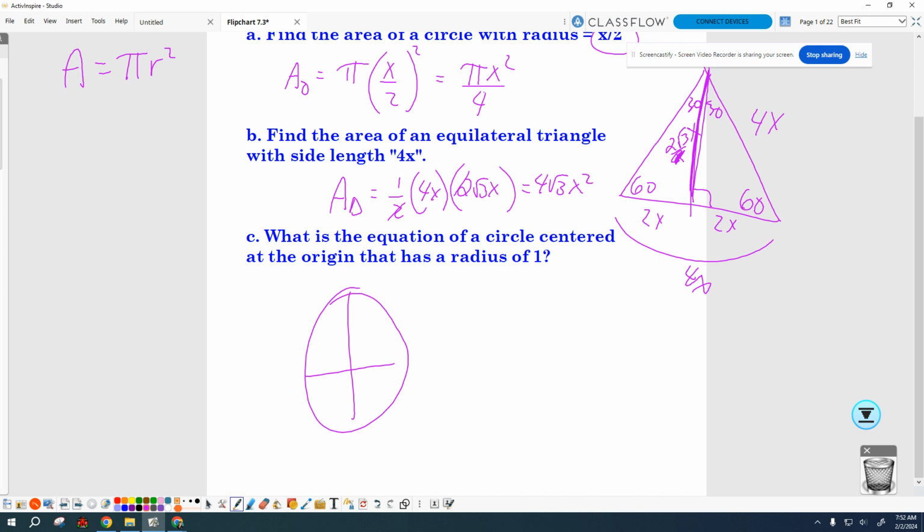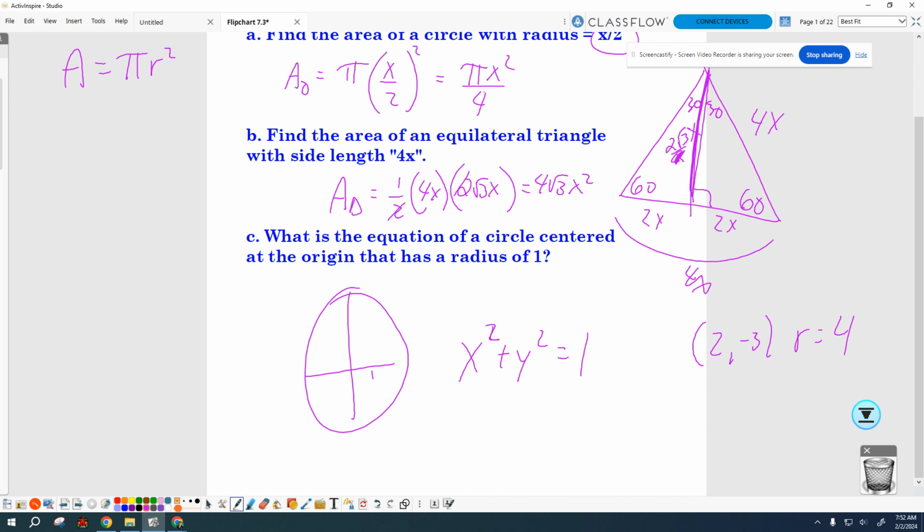What's that equation? Jasper? Equation of a circle with the origin as its center, radius 1. Cool. And they're not going to do this to you, but what if the center was 2, -3, and the radius was 4?